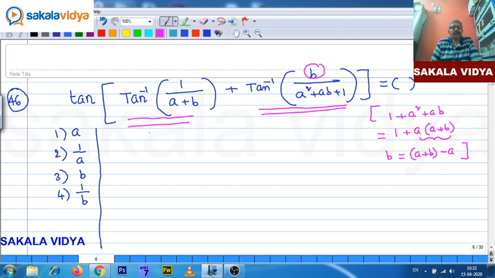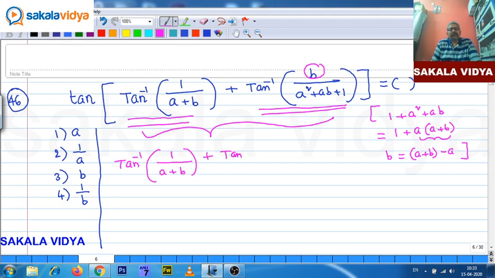First let us find out this value. Tan inverse 1 by a plus b plus, now tan inverse of this b is replaced by a plus b minus a, and 1 plus a square plus ab can be written as a into a plus b, or a plus b into a.